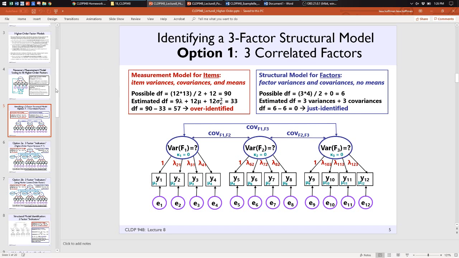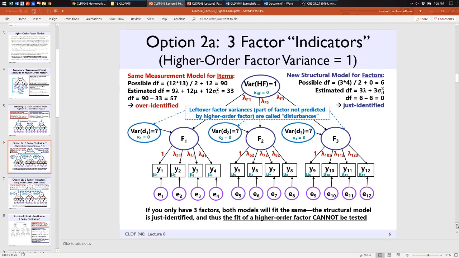And just as we learned for measurement models, if you have 3 lower order factors, that's not enough to be able to test for the presence of a higher order factor. You'd be exchanging these 3 covariances for 3 factor loadings. That would look something like this, where we have a higher order factor now that predicts each lower order factor.